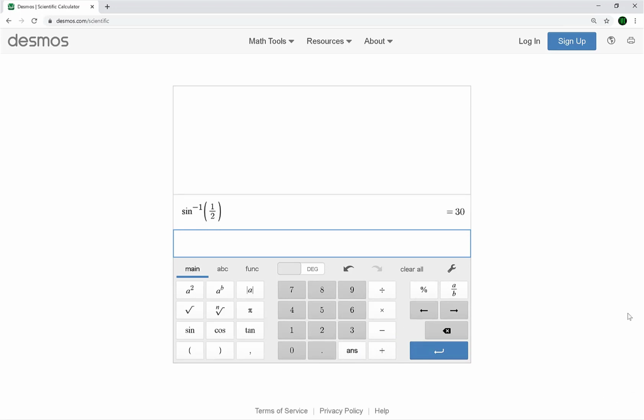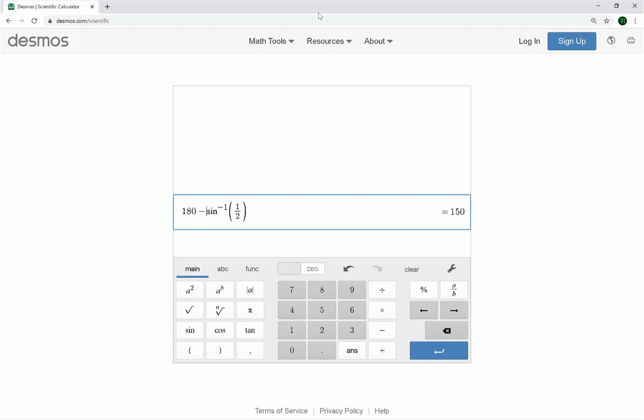And of course, we said in the past that that's your reference angle, and that is true. And if you know that the y value is a half, and you know that that happens in quadrant 1 and quadrant 2, you can just do 180 minus 30, and that will get you the 150. See, if I type down here in the front 180 minus that, it gives me my 150 there.